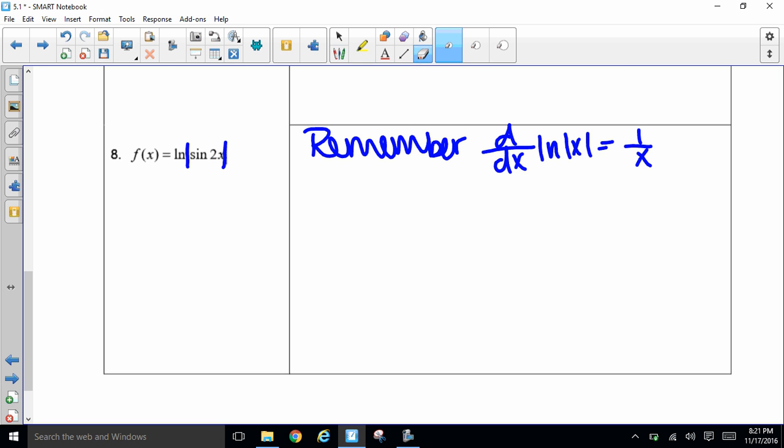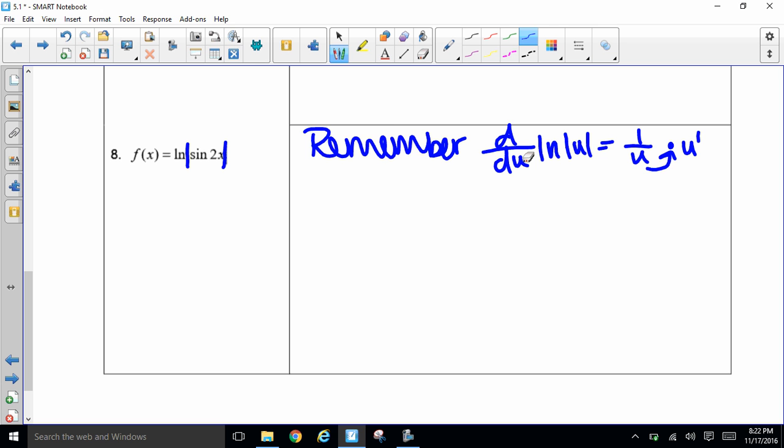Or if I do the better definition where chain rule would be involved, if I put the u in there, then natural log of absolute value of u would be 1 over u times u prime for your chain rule. And I'd have to swap this out to be d by du as well.